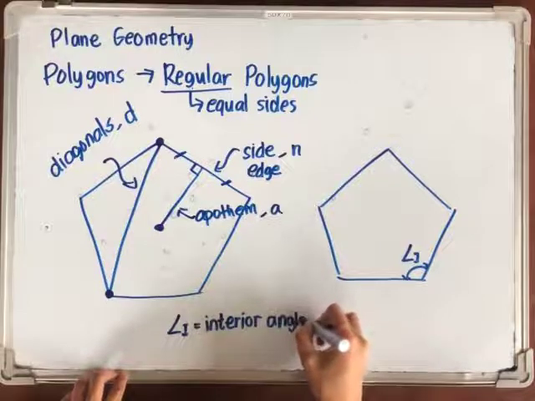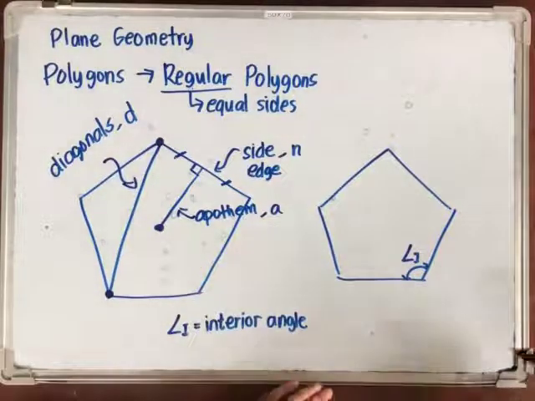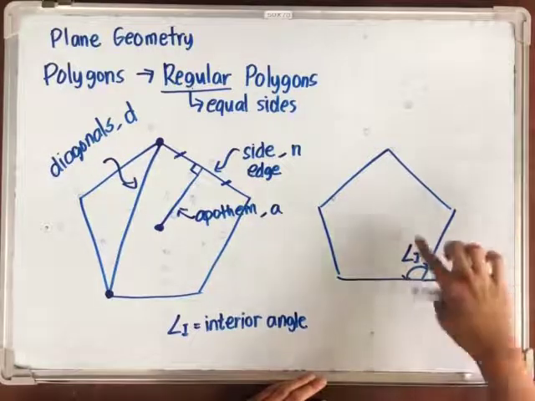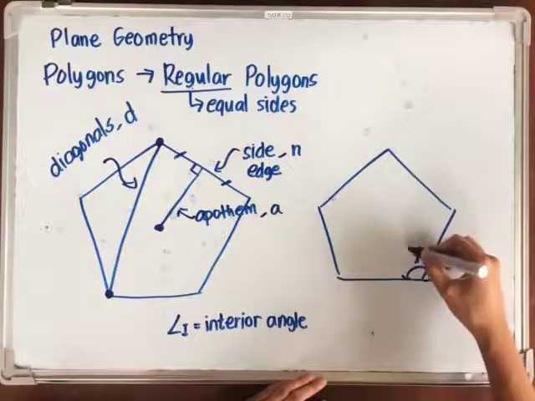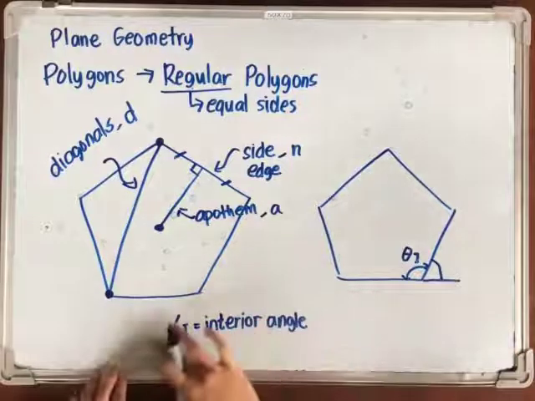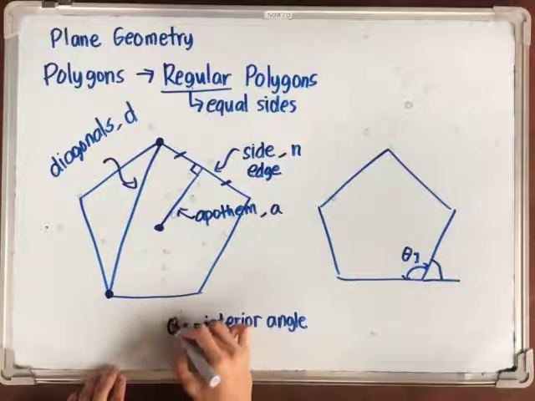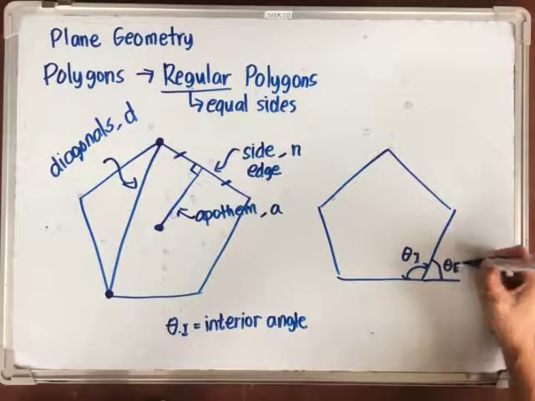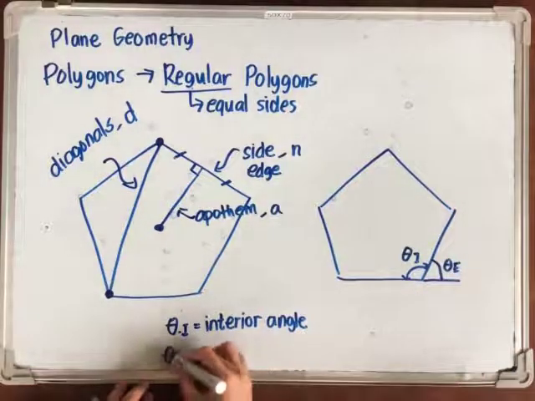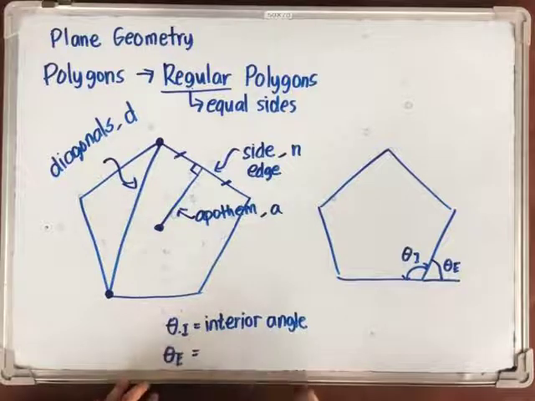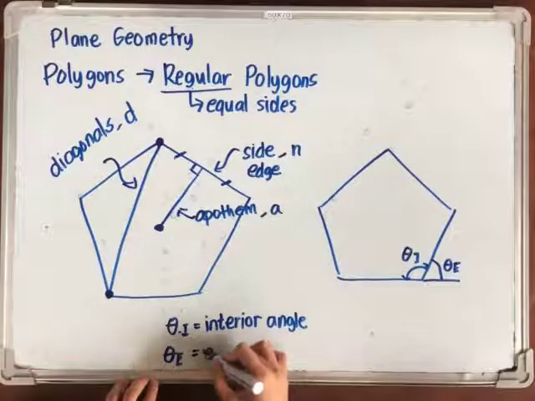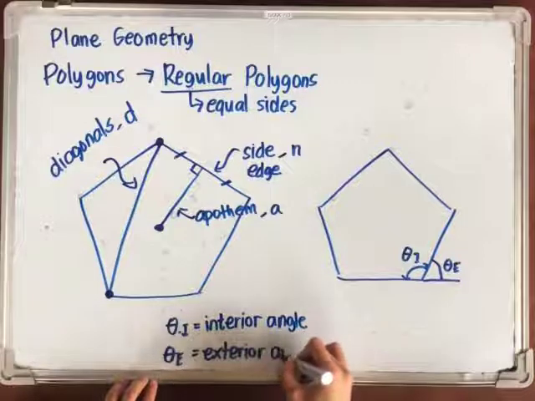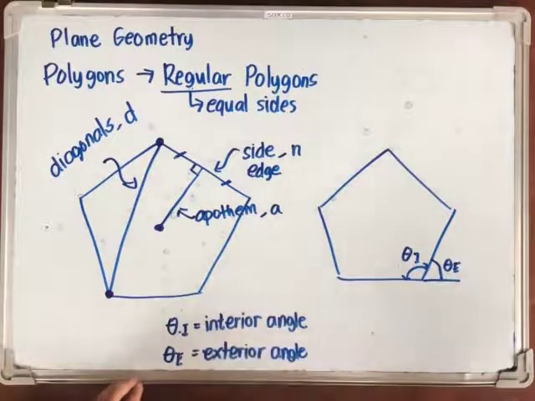And kaya siya nandyan sa loob kasi interior angle siya. Partner ng interior angle na yan is this one. Let's just have it na lang as theta sub I. Say this is theta sub I. This one naman is your theta sub E. If meron kang internal angle, syempre meron dapat siyang partner na exterior angle naman. Okay, this is your exterior angle.